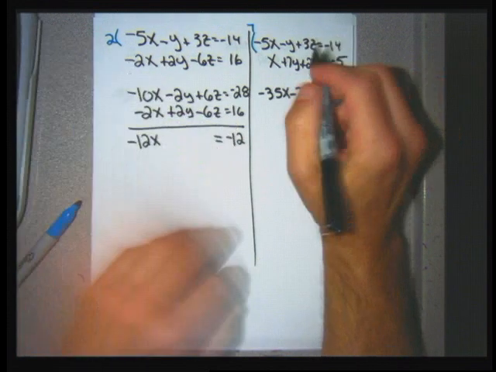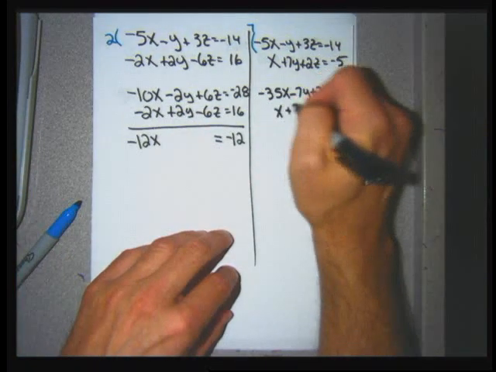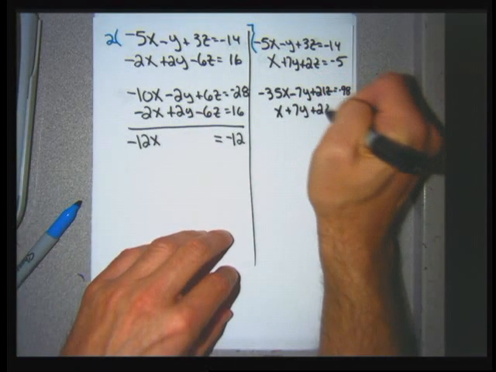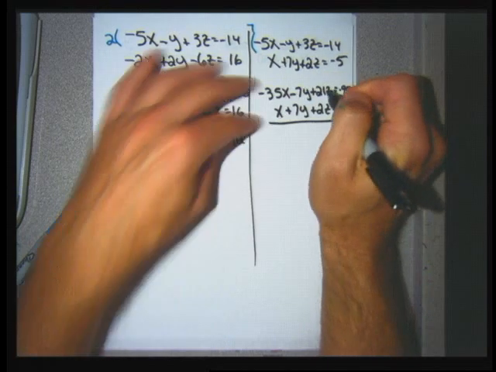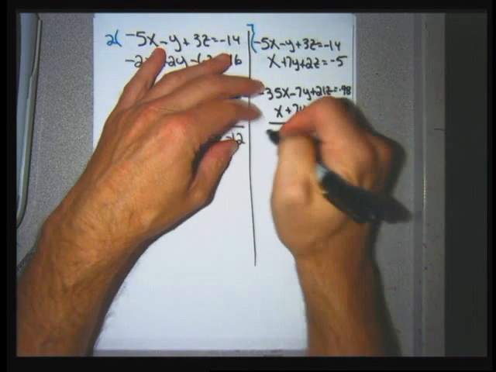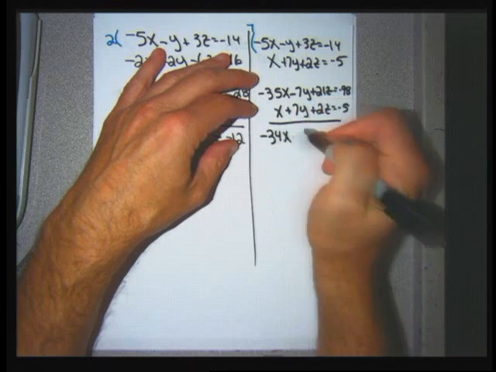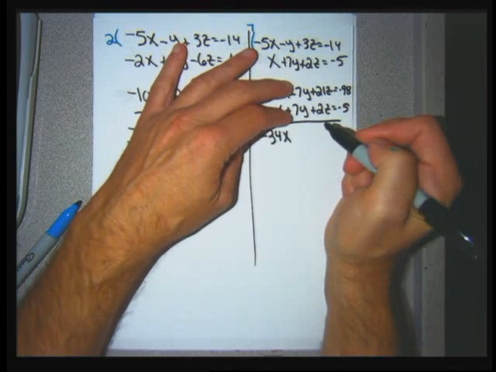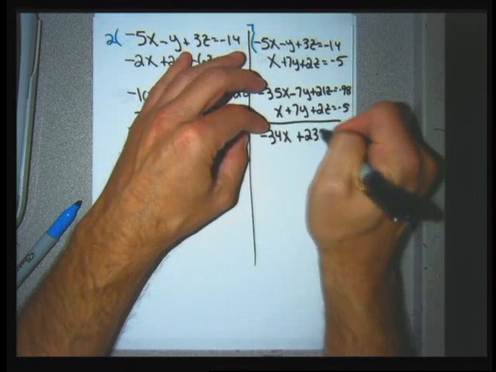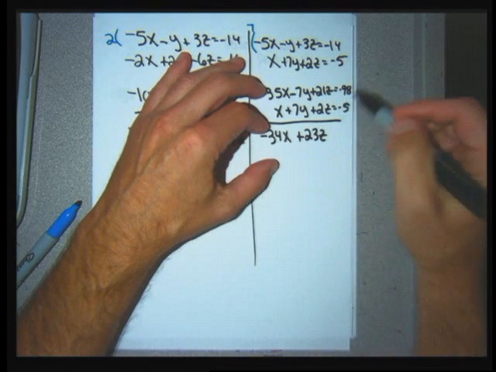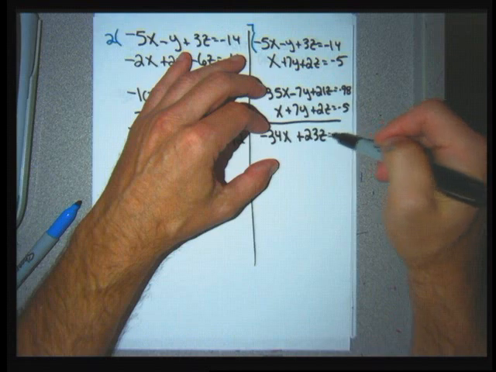I'll leave the bottom one, x plus 7y plus 2z equal to negative 5. When I add these together, negative 35x plus x is negative 34x. The y's cancel. 21z and 2z is 23z. And negative 98 and negative 5 is negative 103.